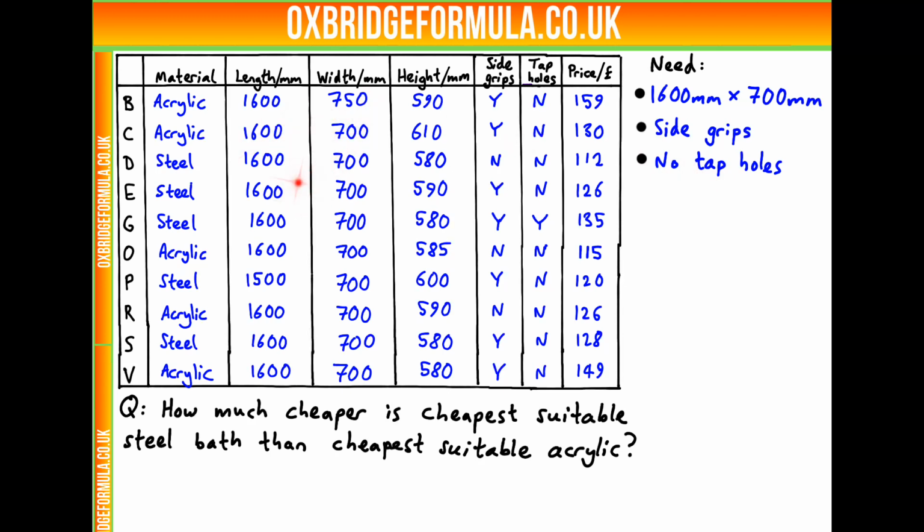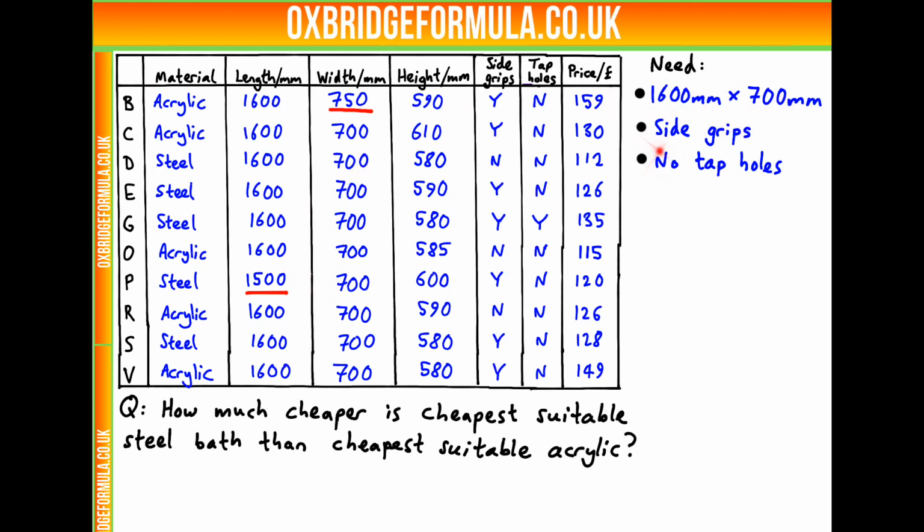So which baths aren't 1600 millimetres long? Well, we can see it's just this bath P, where we have a 1500. Then what about the width requirement? Which ones aren't 700? We can see it's just bath B. So that's our first requirement dealt with.